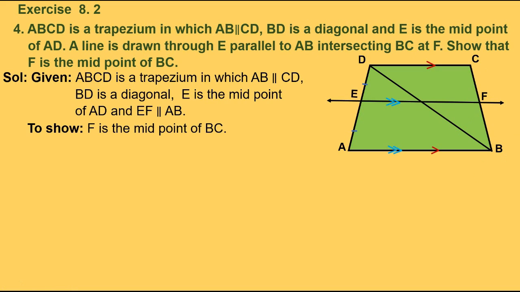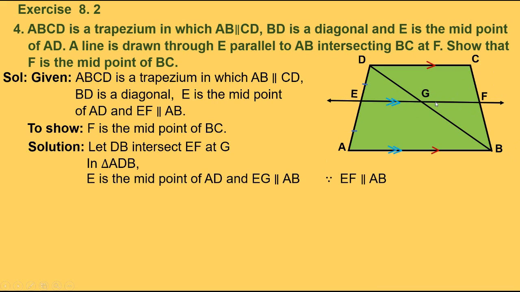Solution: let BD intersect EF at G. In triangle ADB, E is the midpoint of AD and EG is parallel to AB since EF is parallel to AB. Therefore, G is the midpoint of BD by converse of midpoint theorem.